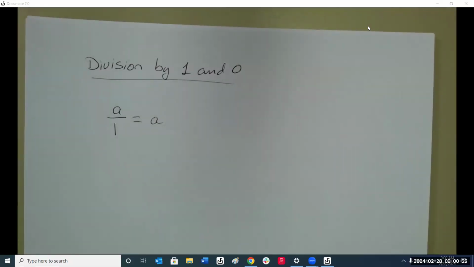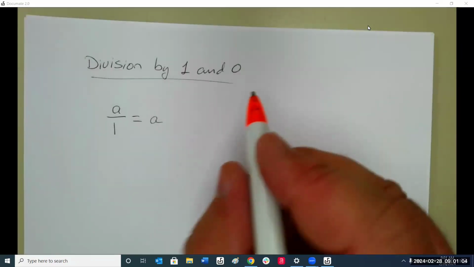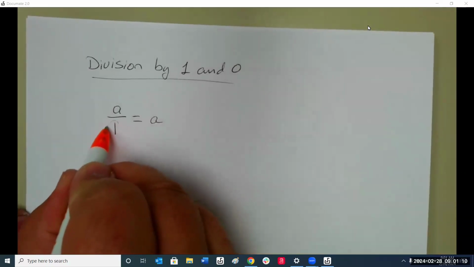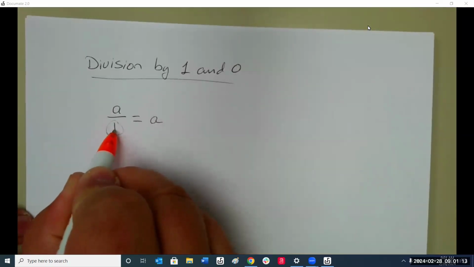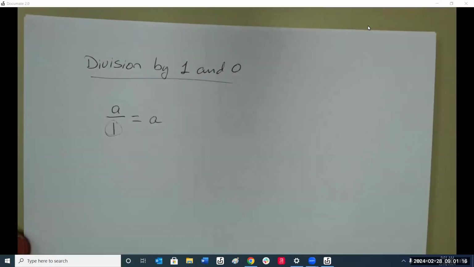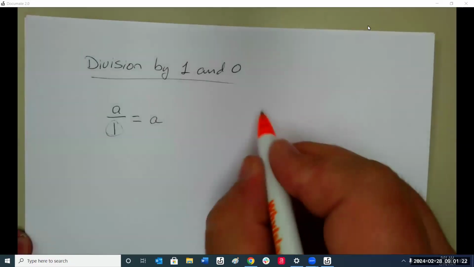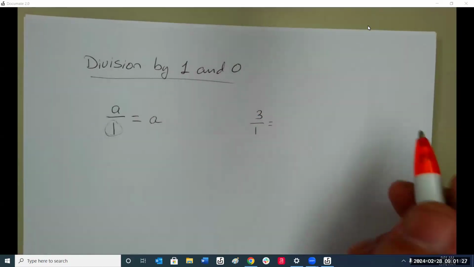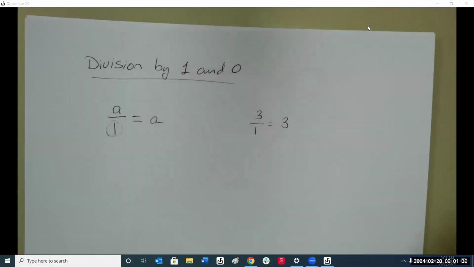That's the unity property. Any number divided by 1 is itself. That's good. Why? For division, you have to ask yourself, how many times can 1 go into A? In other words, if I had 3 divided by 1, how many times can 1 go into 3? 3 times. So whatever, 1 goes into A times. That's the question you have to ask yourself about doing these.